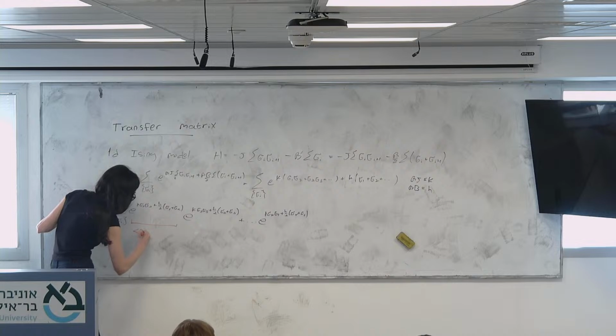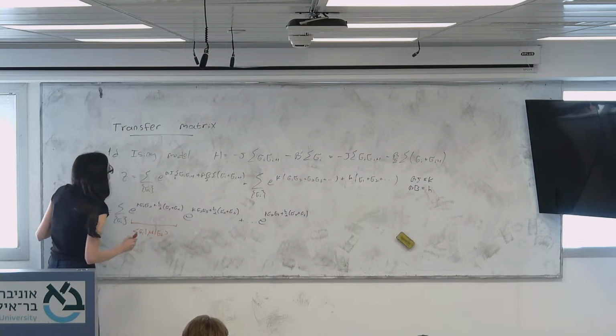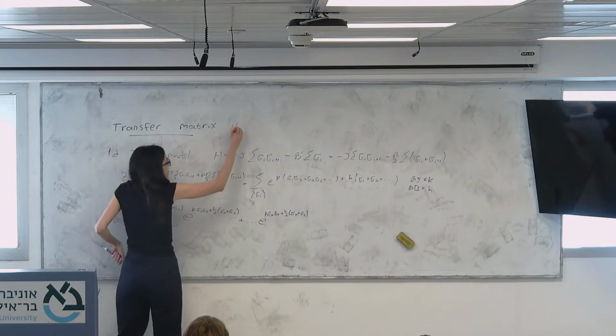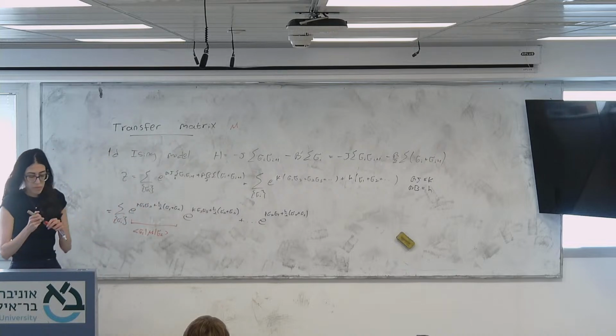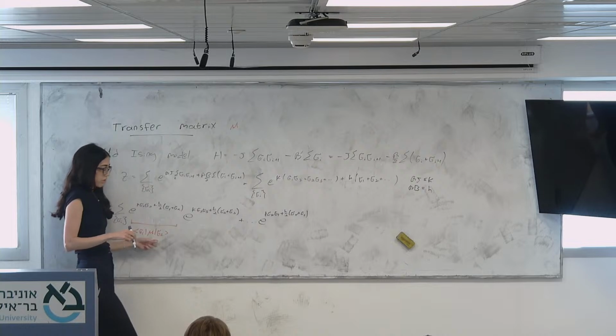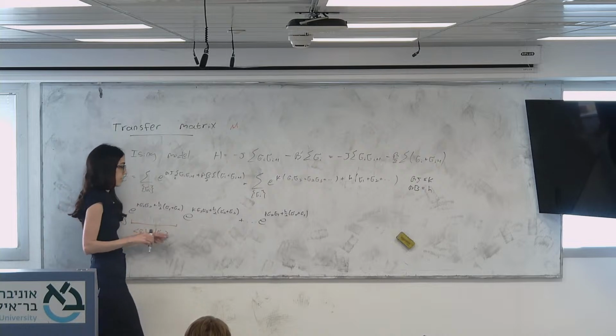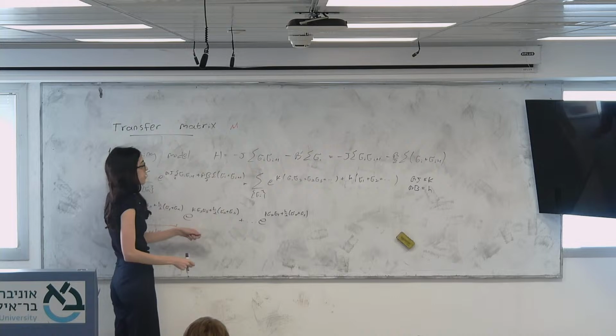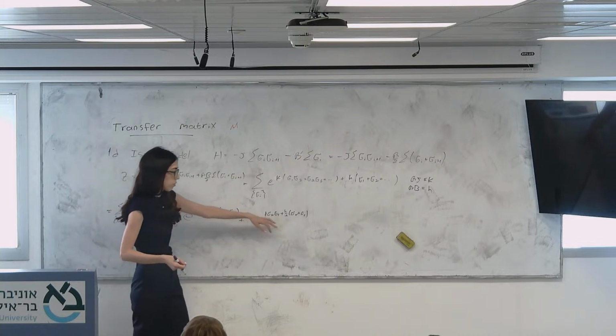So this will be sigma 1, M, sigma 2, where M is the transfer matrix. This will be the first matrix element, and this will be the matrix element between sigma 2 and sigma 3, and so on.